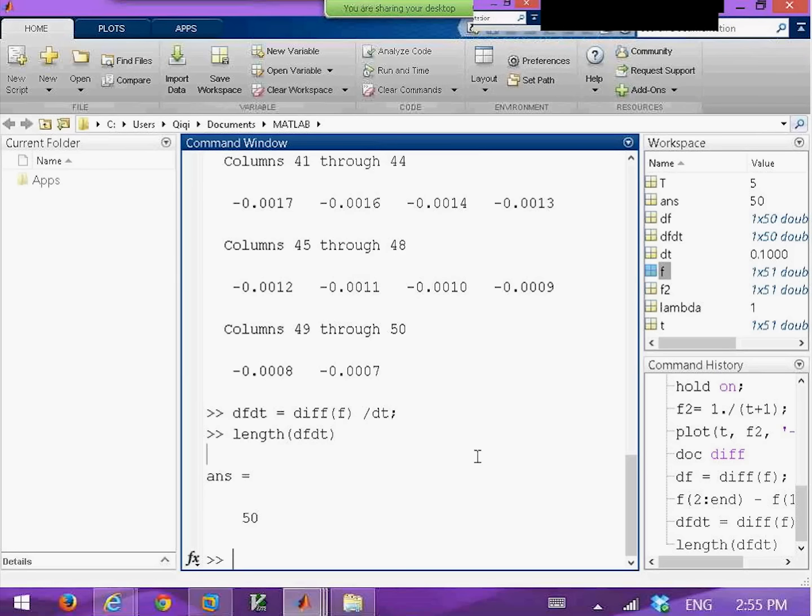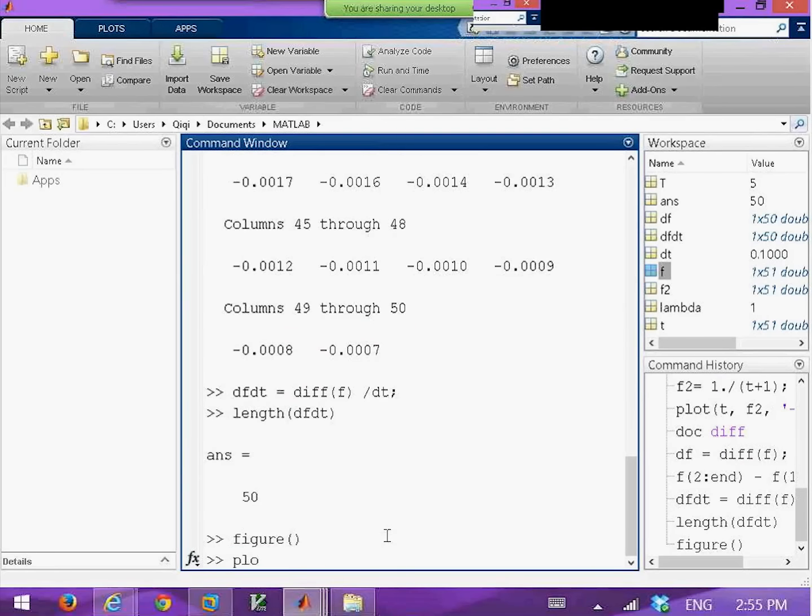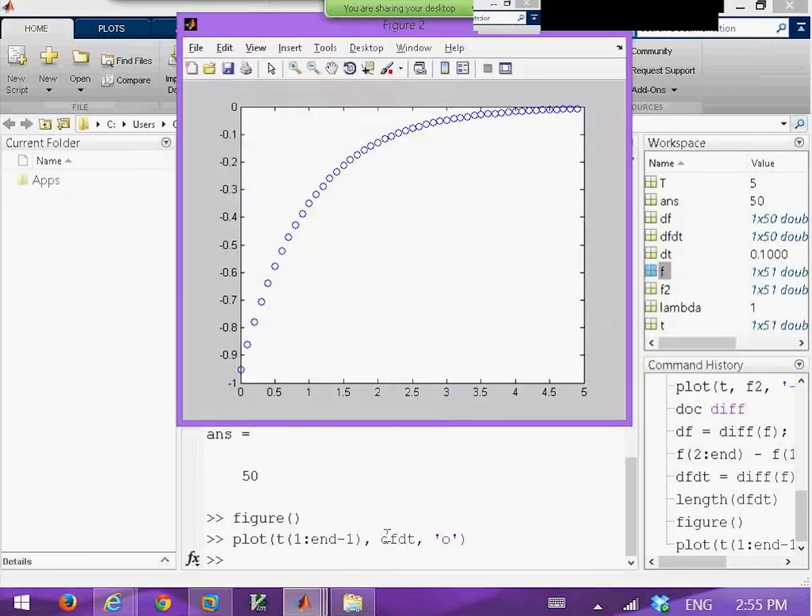Okay. Now let me plot. Let me make another figure. I'm going to plot t1 to n minus 1, because I don't have the derivative at the very end, and df dt. All right. I'm going to plot them using circles.